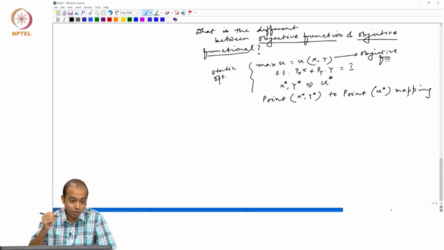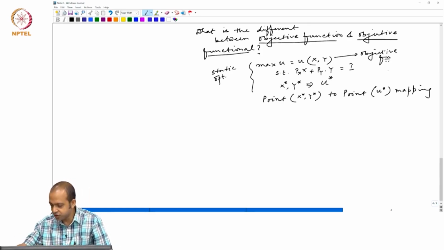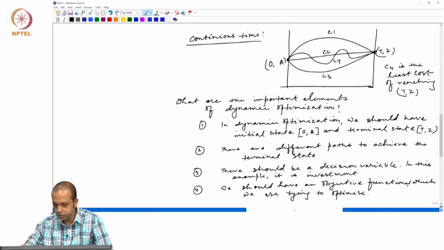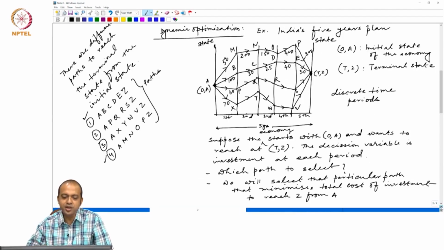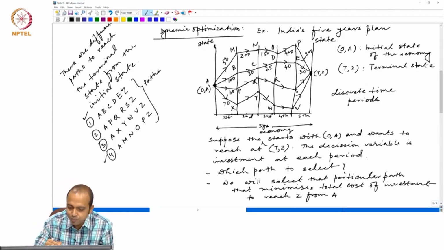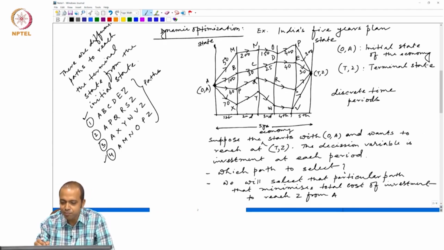But in the context of dynamic optimization, if you go back to the diagram, what are we mapping here? We are actually mapping a path, this A, B, C, D, E and Z, to a real line.